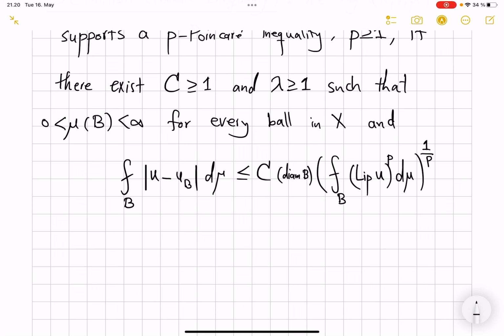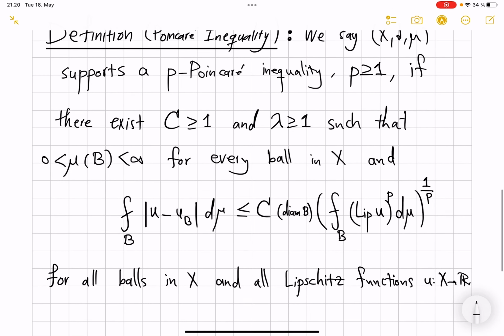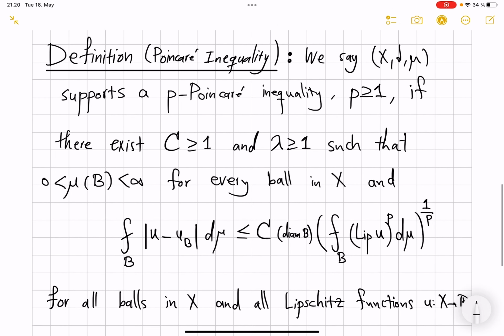So we require that this inequality holds for all balls in X and all Lipschitz functions u on X. Okay, so that is just the definition of what we mean by a p-Poincare inequality.